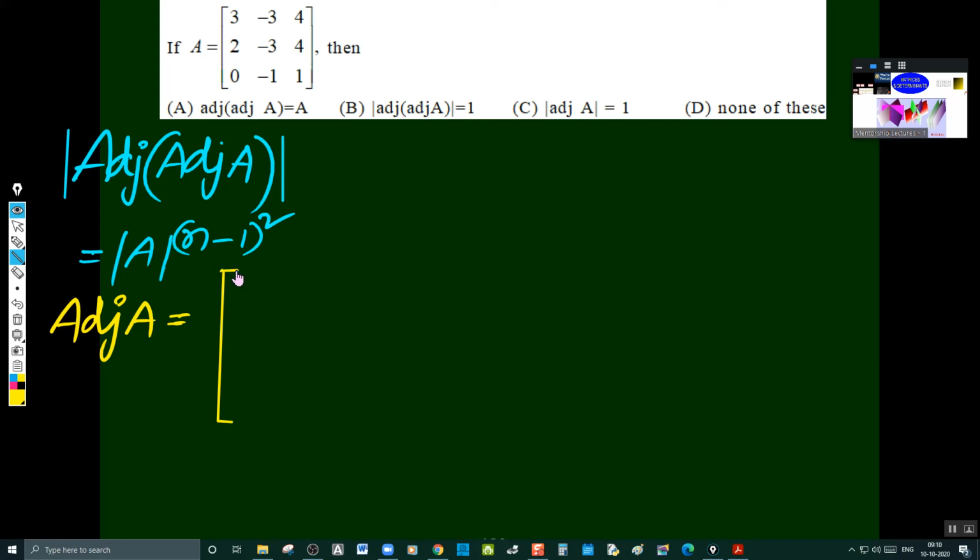What Parsh was saying about the signs: first of all, before writing the adjoint of any matrix, write the transpose first. This is the transpose of that matrix whose elements are replaced with their corresponding cofactors.